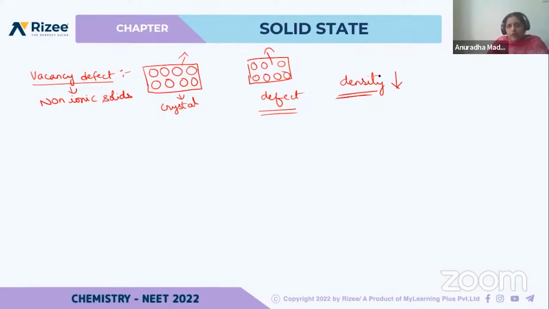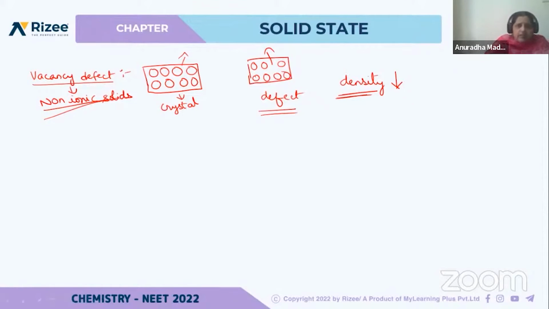This is vacancy defect. It is shown in non-ionic solids, and due to the loss, density decreases.